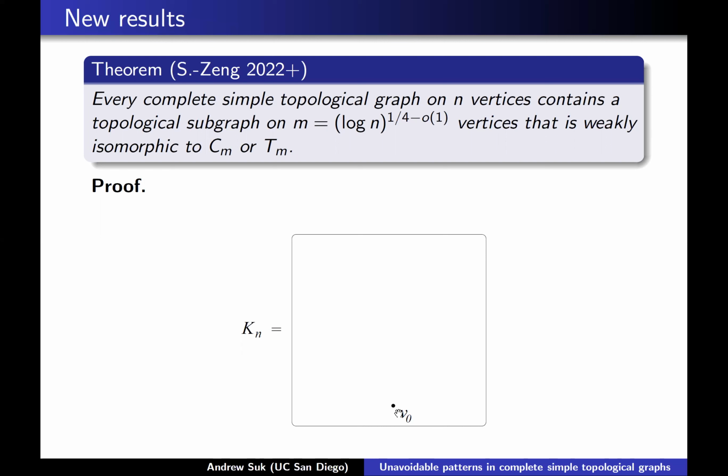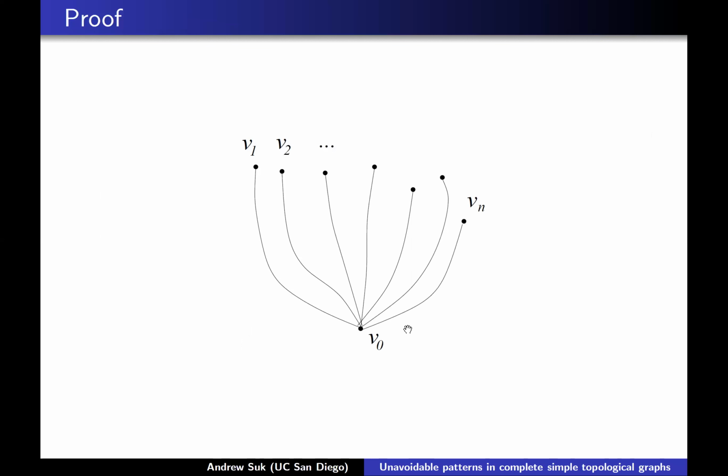So we start with a vertex, let's say V0 on the unbounded face, and then we look at all of the edges emanating out of V0. And because of the simple condition, they all have this V0 point in common. And so therefore we have this planar star picture. And so therefore I can order the vertices up here.